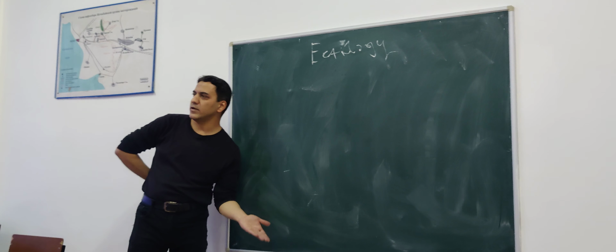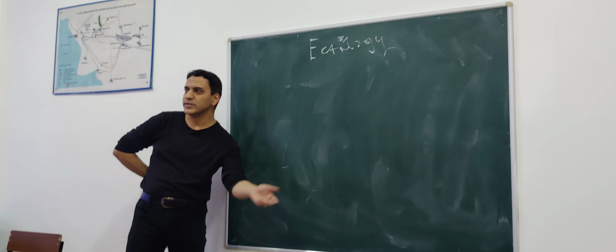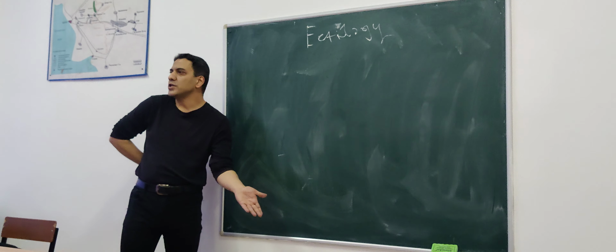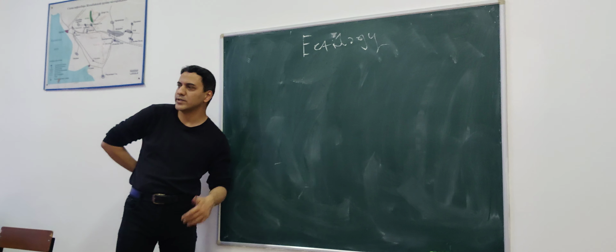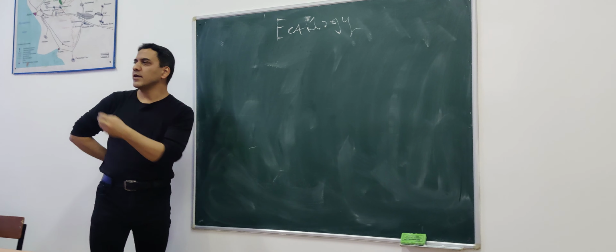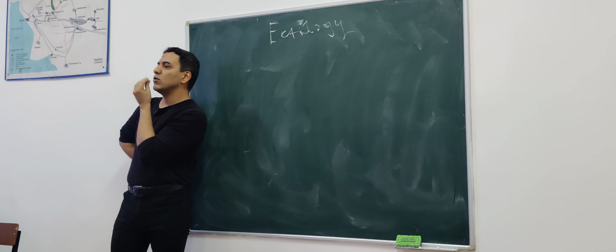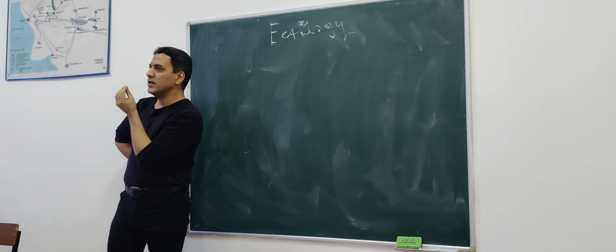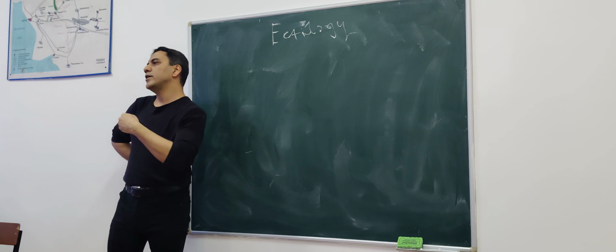For example, what is the cause of influenza? The cause of influenza is the influenza virus. But what are the conditions for developing influenza? Conditions are cold weather, for example, a weak immune system, bad feeding, like this. We call this conditions, but I cannot say that the cause of influenza is a weak immune system.